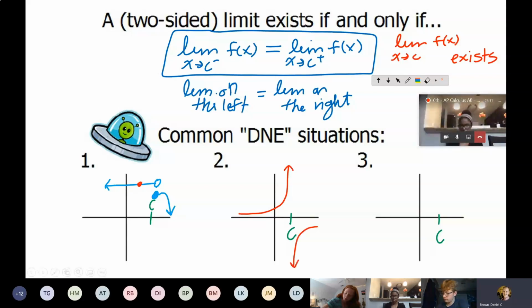Clearly the left and the right hand sides don't match up. Or you can have one where one side's an asymptote and the other side is a piecewise. In all three of those cases, the left-hand side and the right-hand side don't match up. So we would say that the limit is not going to exist at c in those locations.